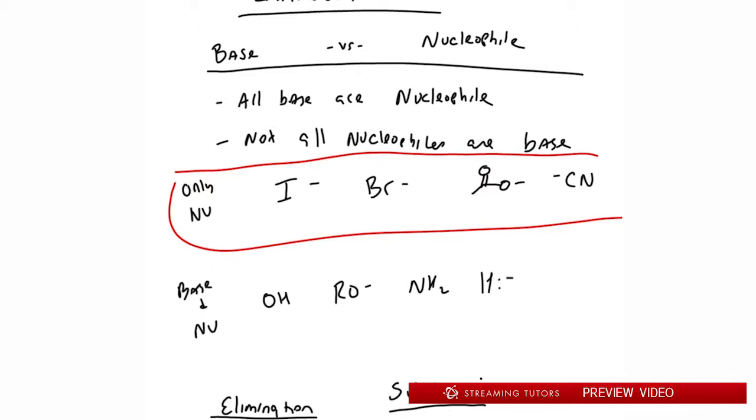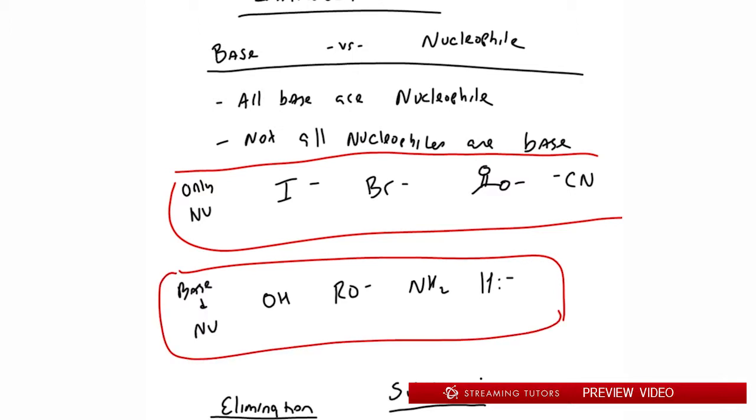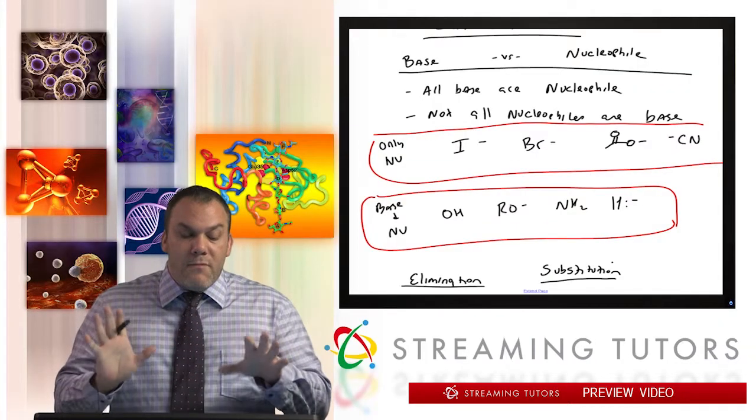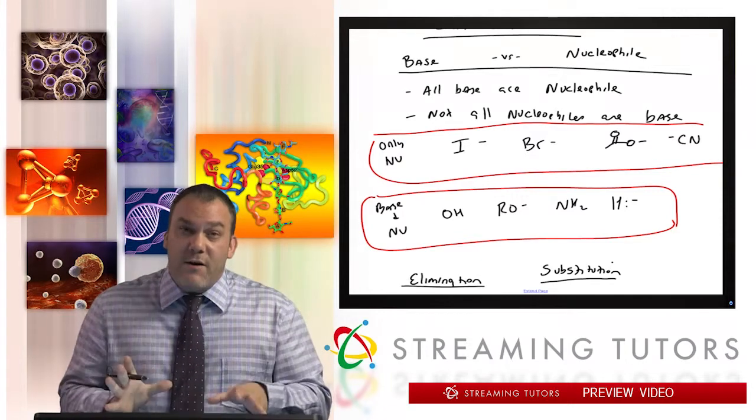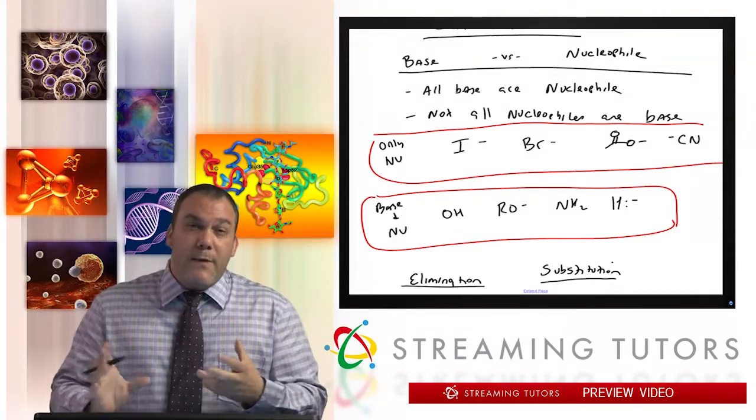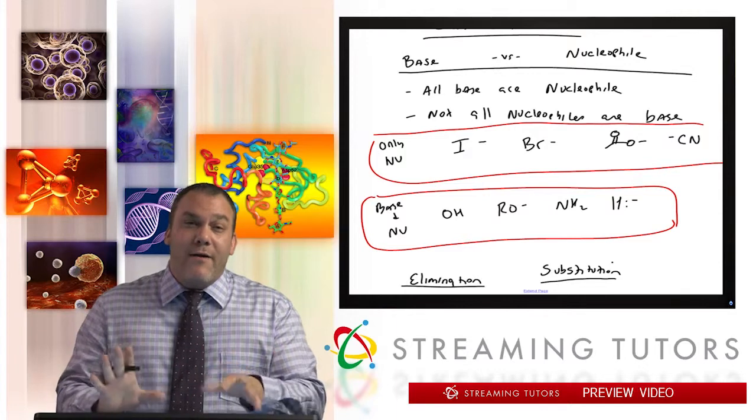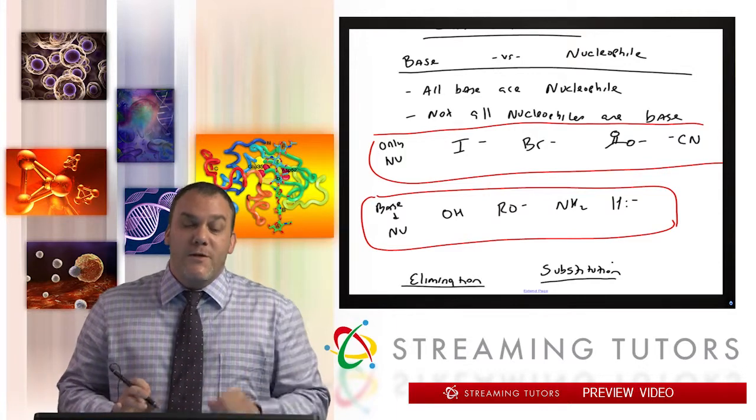These are very powerful bases, and we'll go into the logic of this. You don't have to worry about that right now because that's the next section. These are examples of things that are both nucleophilic and also basic. Some things you have to focus in on and determine: is it a base? We're going to get a trend down in the next section, so don't worry too much about that.